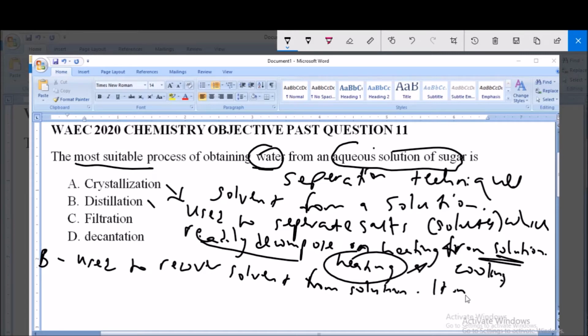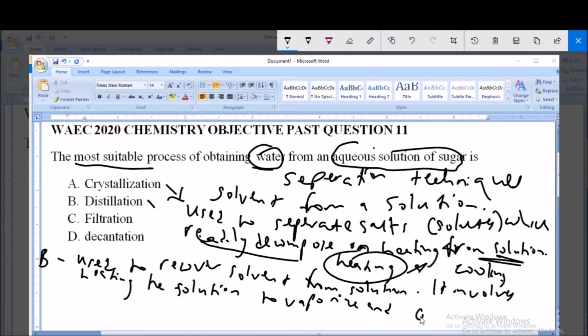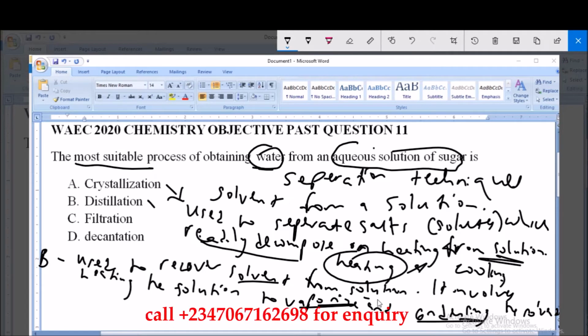It involves heating the solution to vaporize and then condensing the solvent. So when you heat the solution such that the solvent vaporizes, you then condense the solvent, and then you've successfully separated it from the solution.